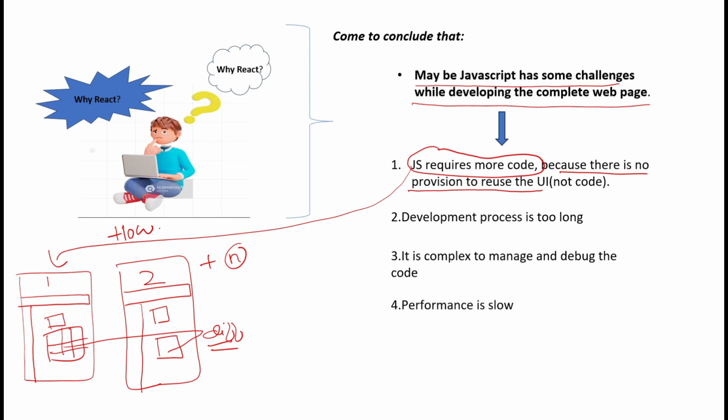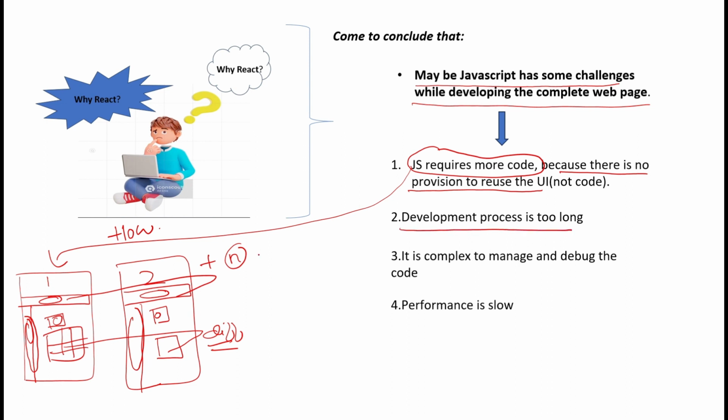Suppose there was an option in JavaScript to reuse these user interfaces, and let us consider the navbar is one user interface, the sidebar is one user interface, and so on. If JavaScript had an option for reusing the user interface, no one would plan to change to another option. So that's why they are facing some problems. The development process is too long.